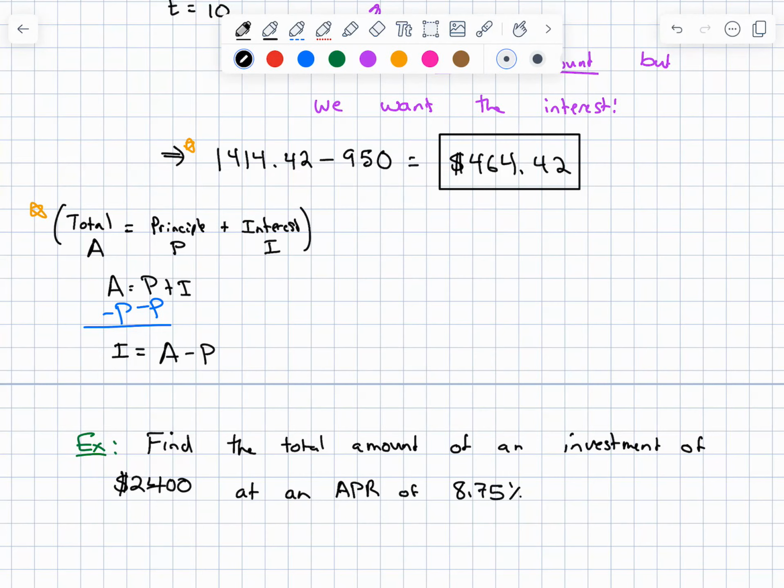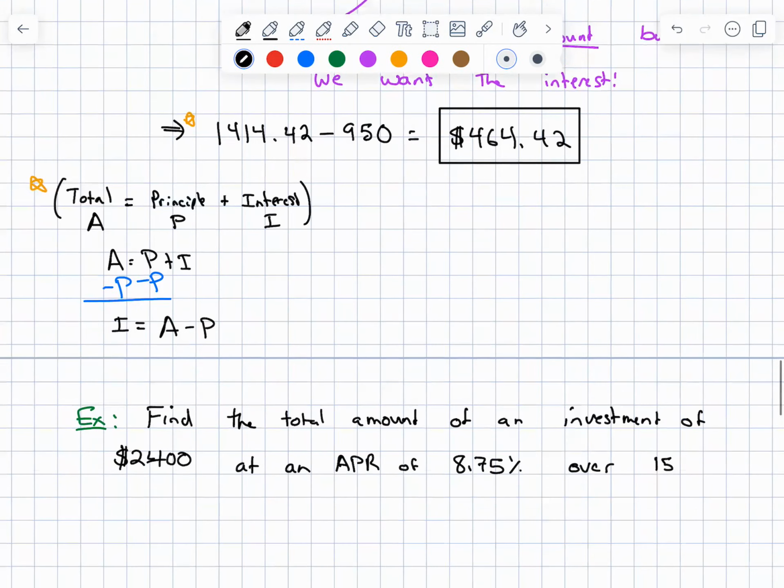And so find 2,400 at an APR of 8.75% over, someone give me a year amount. 13. 153 would be way too big. That'll give you a very large number. Let's do 15. Over 15 years.